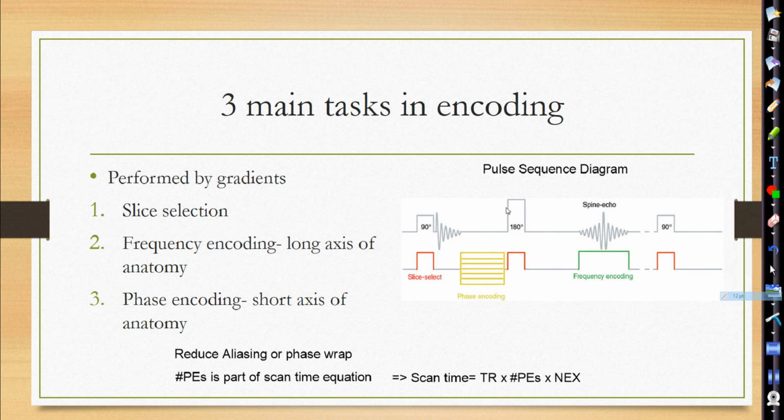So this is an RF excitation pulse at 90 degrees. Okay? And having it 90 is great, right? Why?